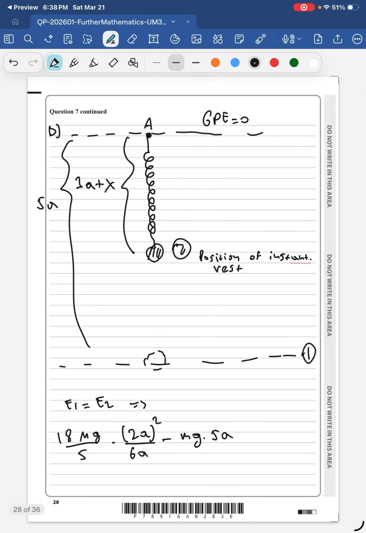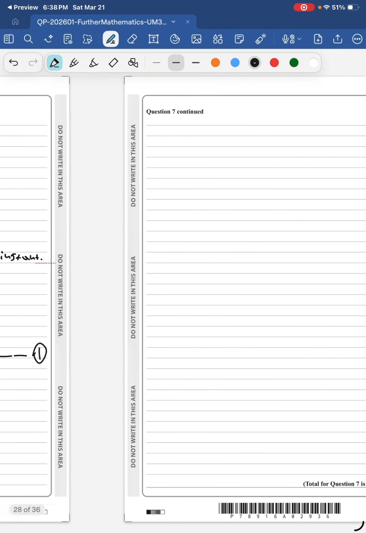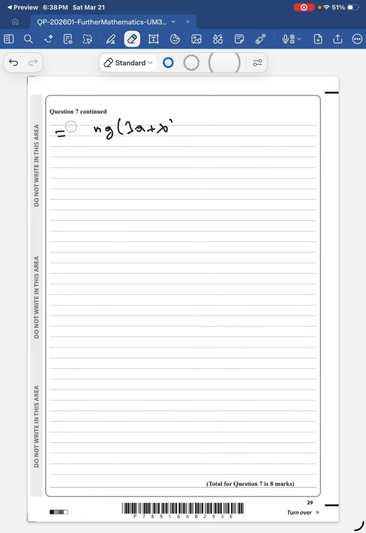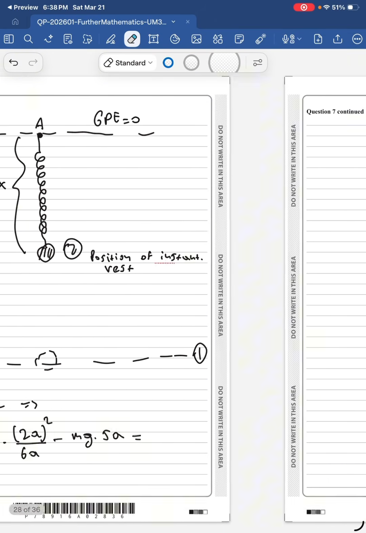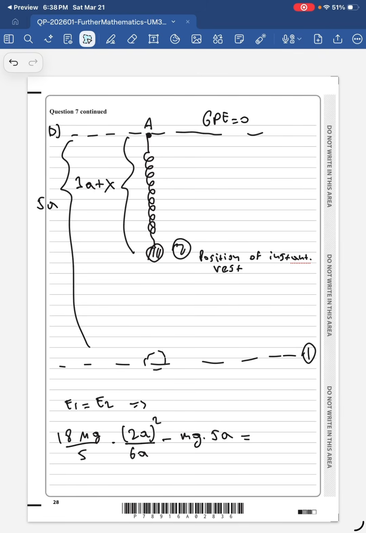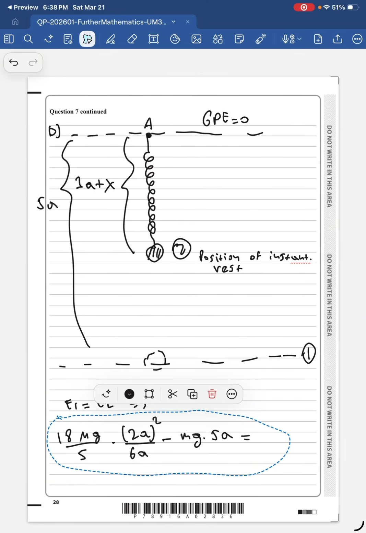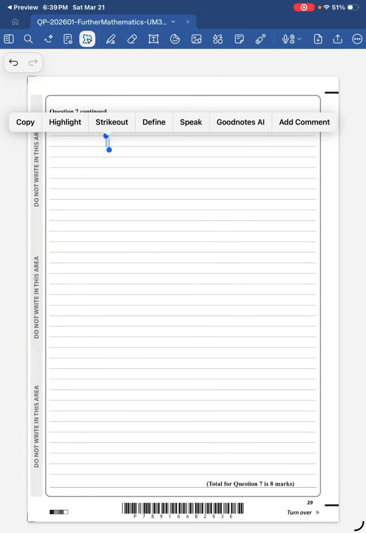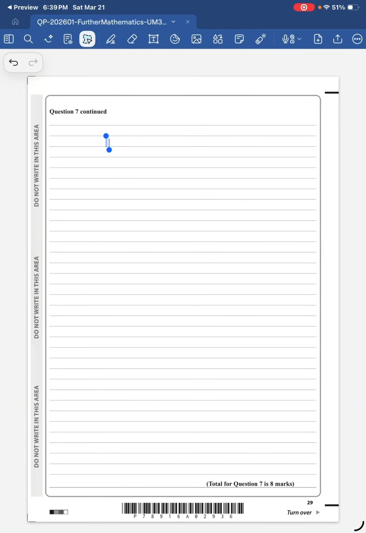Okay, but now this must be equal to the gravitational potential energy at the position 3a plus x, which is equal to minus mg times 3a plus x. Actually, this is going to be confusing. So what I'm going to do is go back here and grab this and do cut, and then paste.